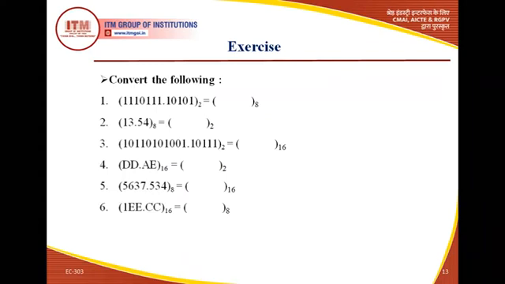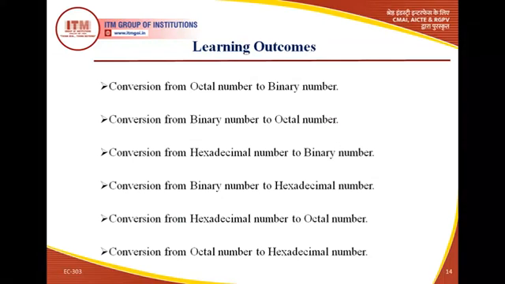And for converting octal to hexadecimal or hexadecimal to octal, we use binary as an intermediate state. So first we convert the octal number into binary, then binary is converted into hexadecimal. Or for hexadecimal to octal, the hexadecimal number is converted into binary and the binary number is converted into an octal number. So these are the methods used to convert one number system to another number system.